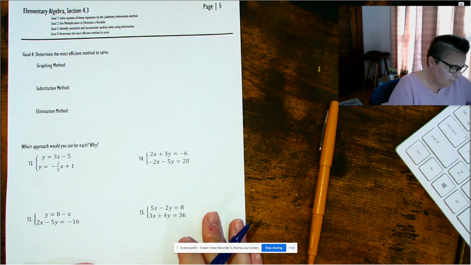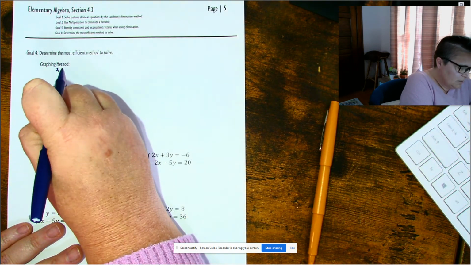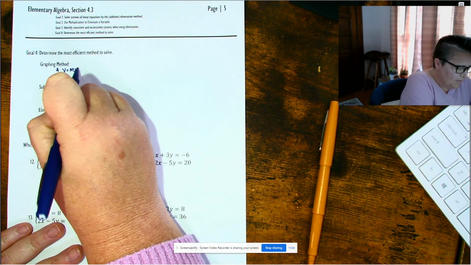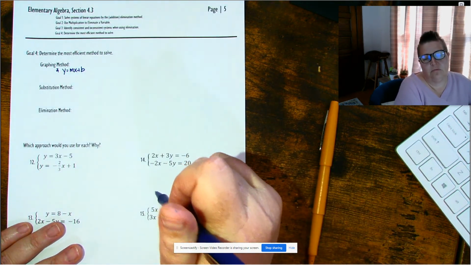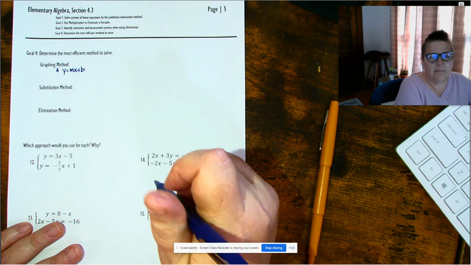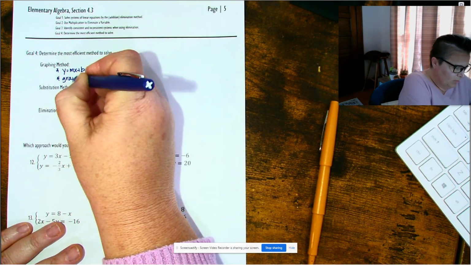The first is the graphing method. The graphing method is used if you have y equals mx plus b form, or if you can quickly put the equations into y equals mx plus b form. You must have a graph available.